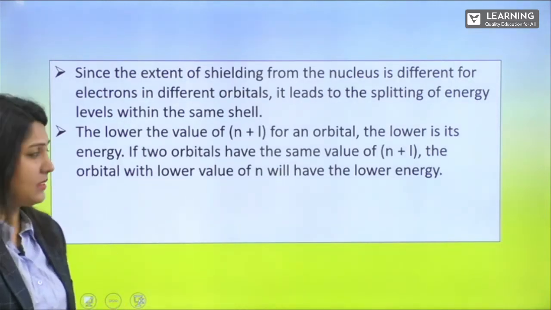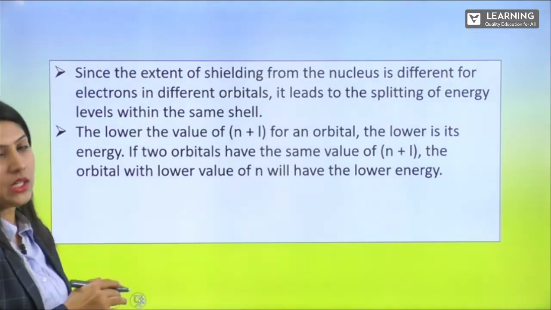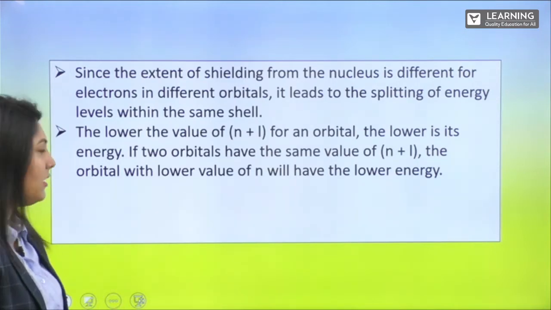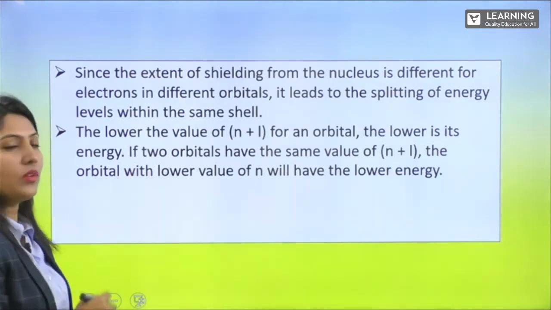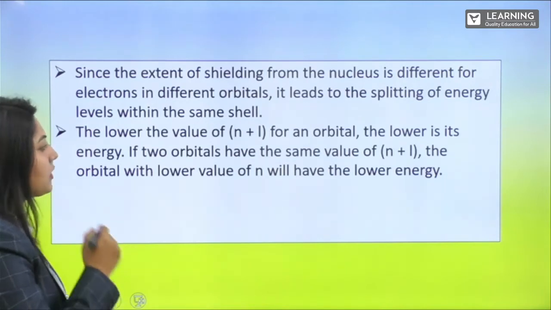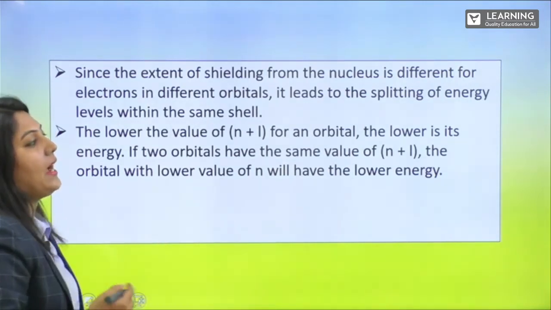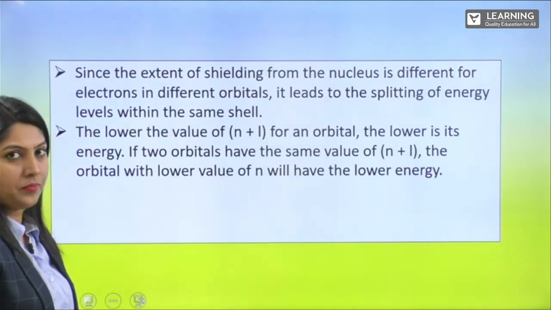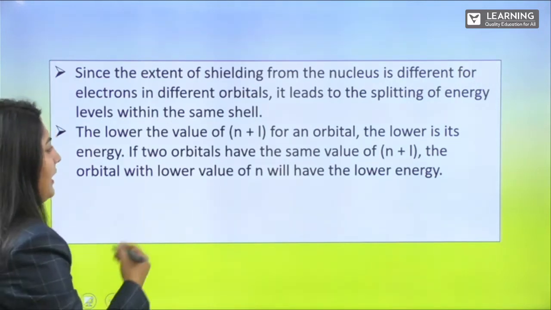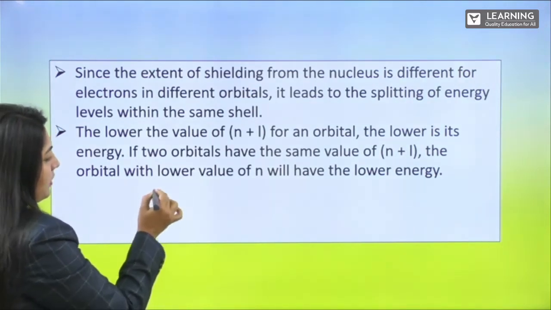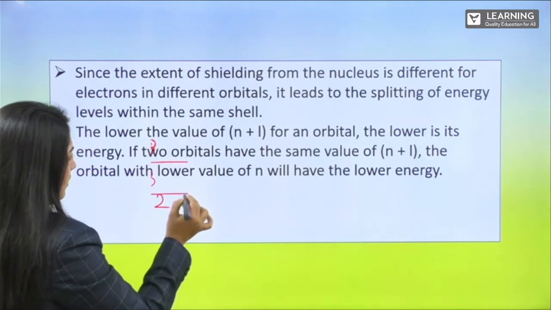If two orbitals have the same value of n plus L, the orbital with the lower value of n will have the lower energy.